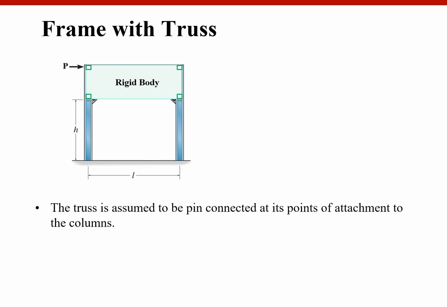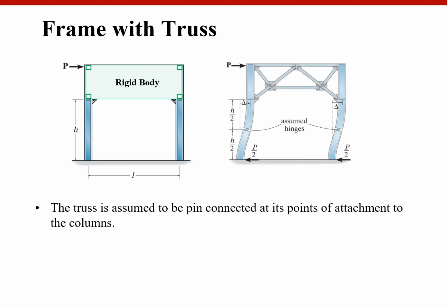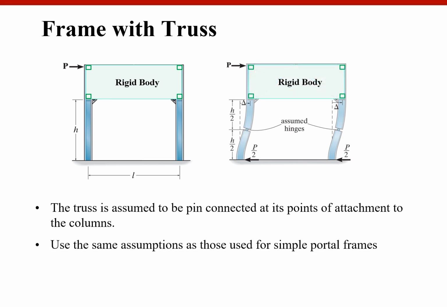Again, that means at first, the angle between column and truss was 90 degrees. Then, after application of the lateral force, still the 90 degrees will be maintained, rigid, okay, with connection.